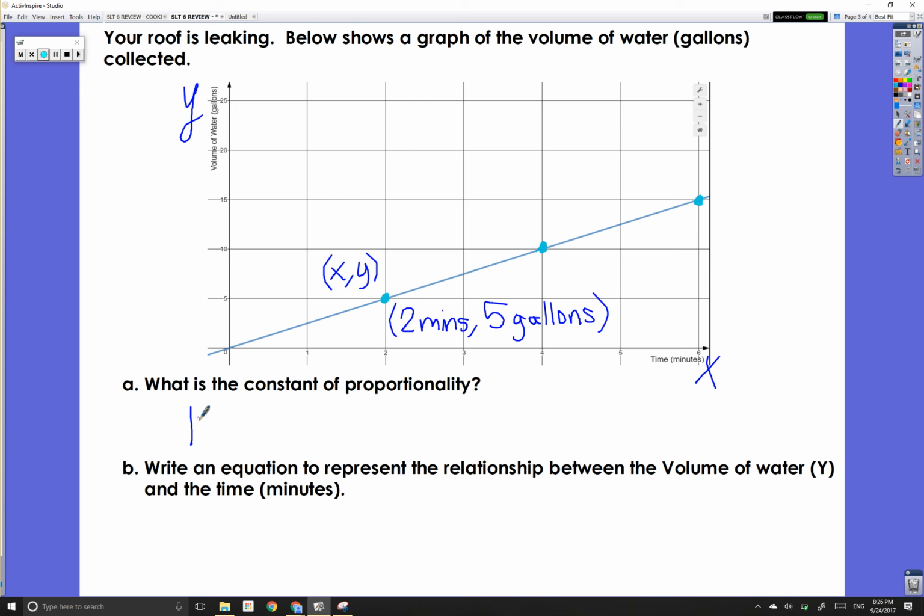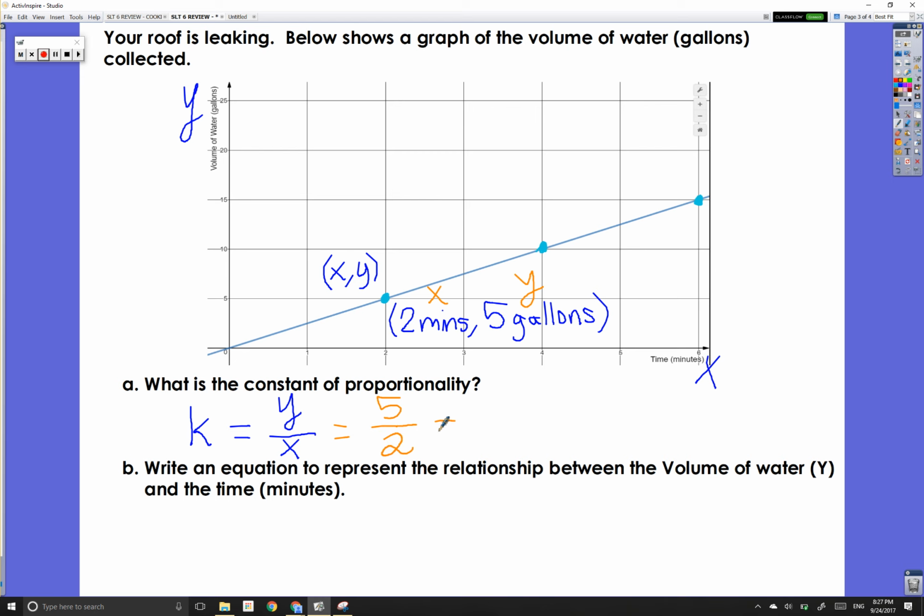We remember from Friday that we use the constant k always for the constant of proportionality, and the formula is always y divided by x. And so if you take a point and you were to label them x and y, then you just put the y value on top, which is the numerator, and the x value in the denominator, which is the bottom of the fraction.